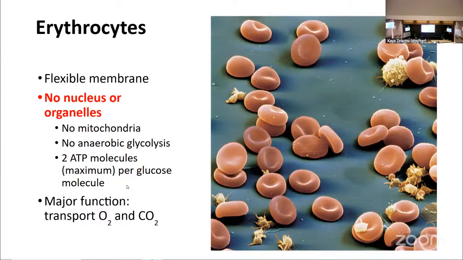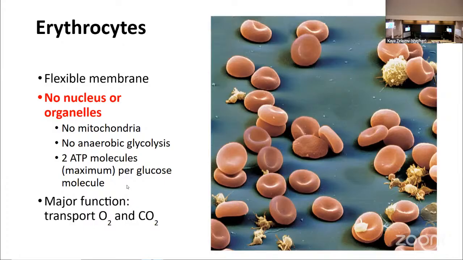But in order to create this shape and size, to help them do their major functions better, we have to get rid of a lot of stuff that's in a normal cell. If you look back at one of those pathway maps of how our hematopoietic stem cells become some specific type of blood cell, we're going to see that the erythrocytes got a lot smaller at the end of the process.